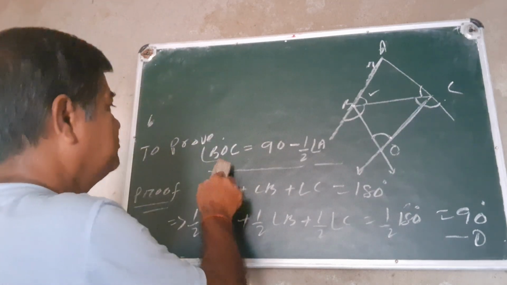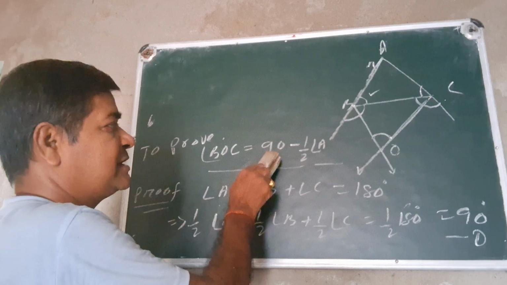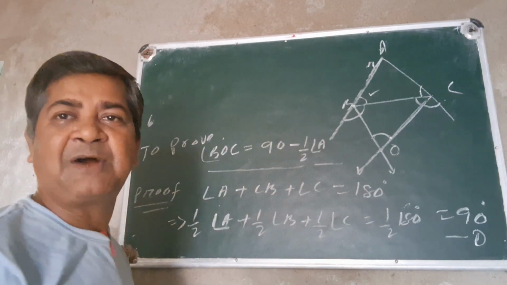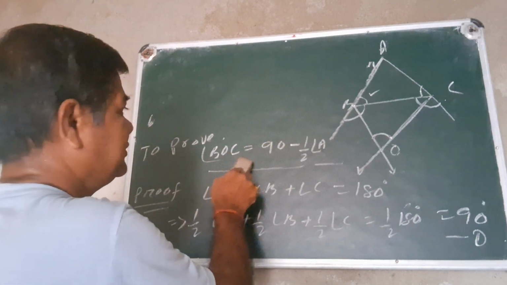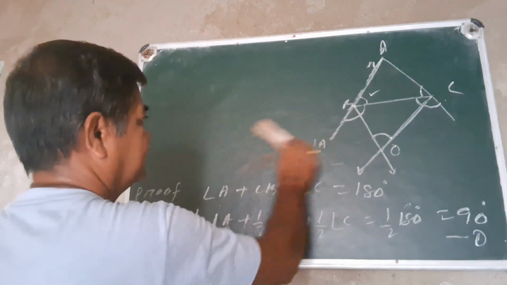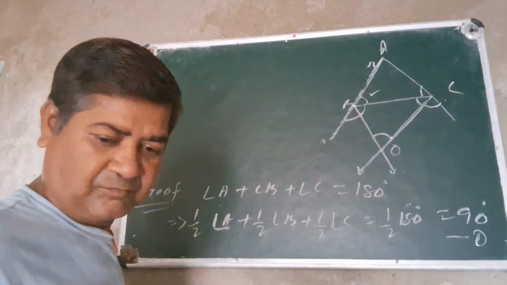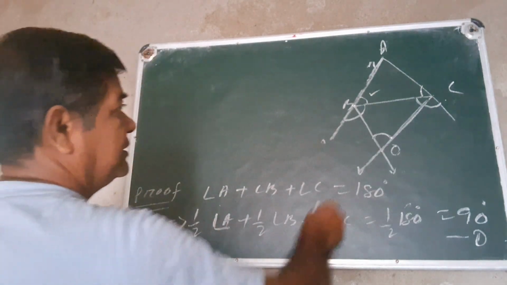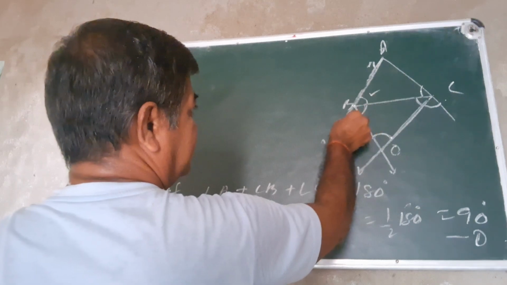We have to prove BOC equal to 90 minus half angle A. Here we prove it. This is your exterior angle.